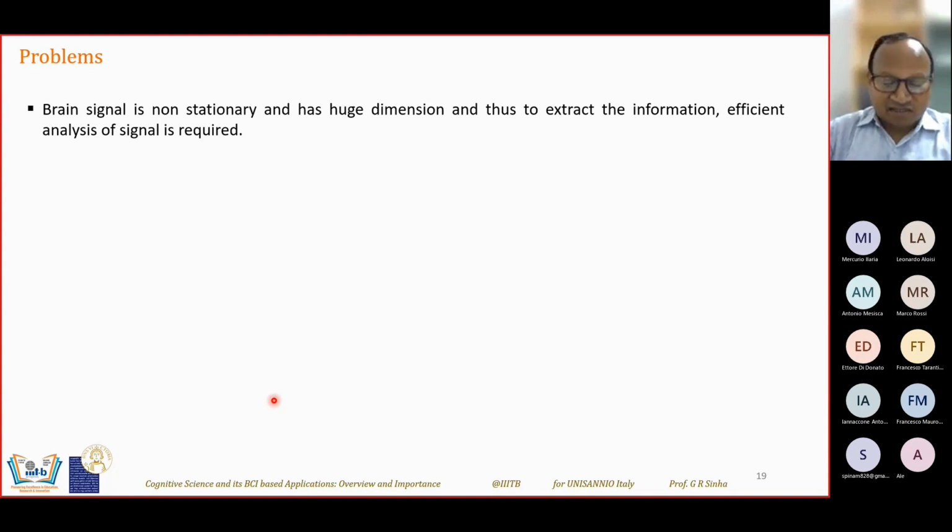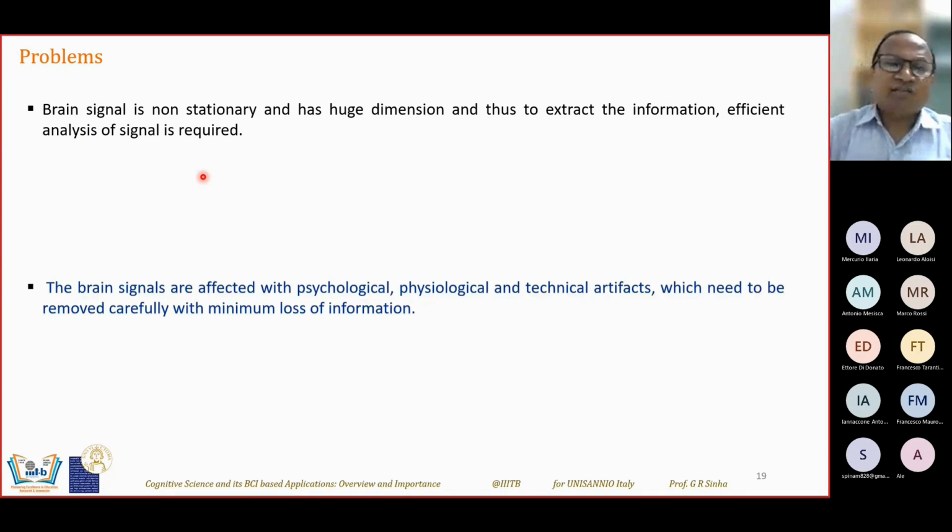Since we use brain signals, and all brain signals are non-stationary, with a huge amount of dimensionality, because you put a number of electrodes and all those electrodes bring a huge amount of data. The nature of the brain is very complex, and therefore to extract the information, an efficient analysis of the signal is required, and therefore a lot of research is needed.